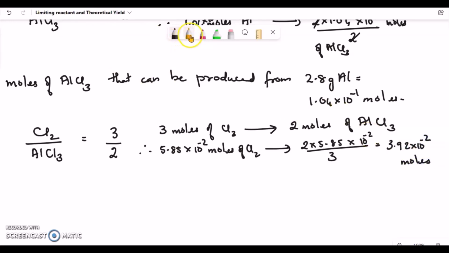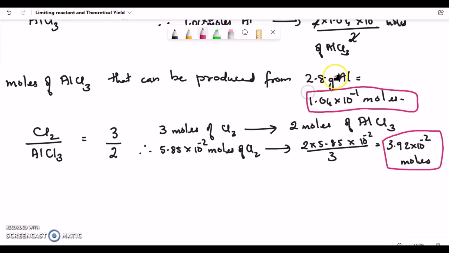So when you compare the number of moles of aluminium chloride that can be produced from chlorine gas in the reaction and the number of moles of aluminium chloride that can be produced from 2.8 grams of aluminium according to the reaction, chlorine gives the smaller number of moles. Therefore, chlorine is the limiting reactant in this reaction.